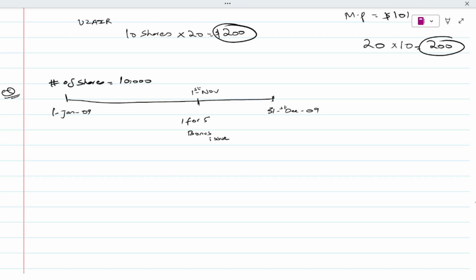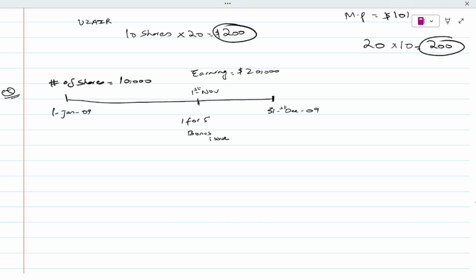And one thing that I always forget is that during this entire year, you guys need to have an earning amount to calculate your EPS. So that's going to be 20,000. Okay, so throughout the year, the company earned $20,000 worth of profits.